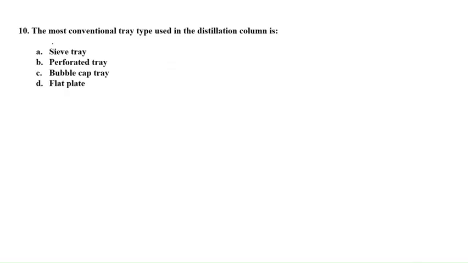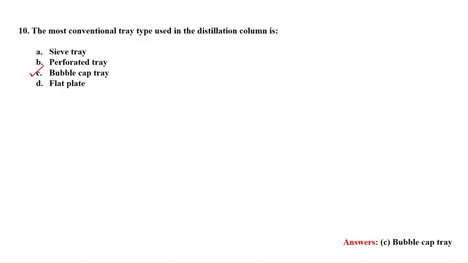Coming on to the next question, the most conventional tray type used in the distillation column. Option C, yes, you are right. As I told, for better mass transfer, the most conventionally used tray type is the bubble cap tray.